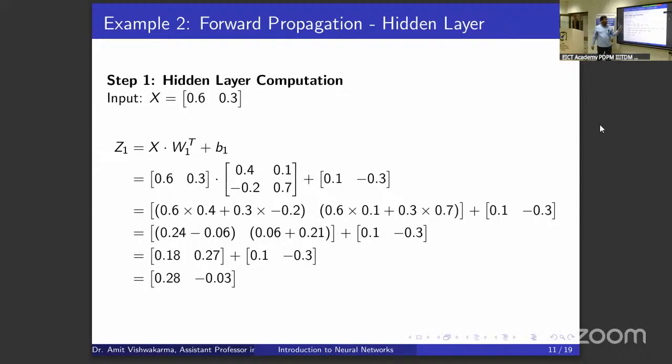For Z1, you write this expression, because the intermediate operations you can skip. So Z1 is 0.28 and minus 0.0. Z1 is two dimensional.